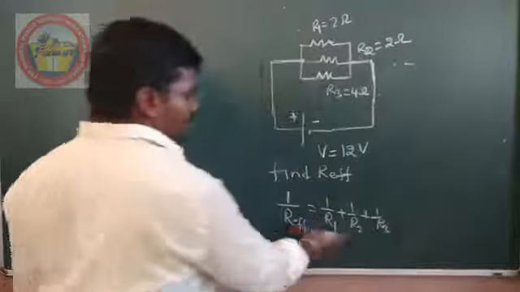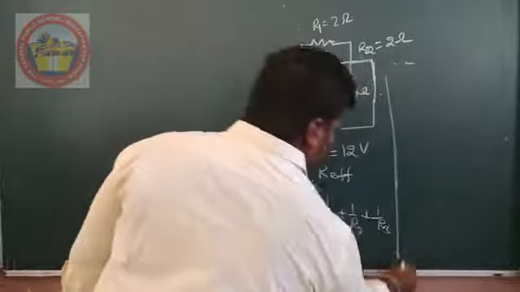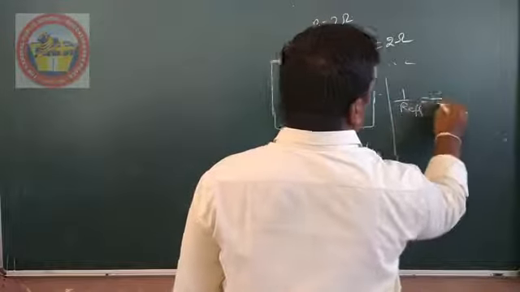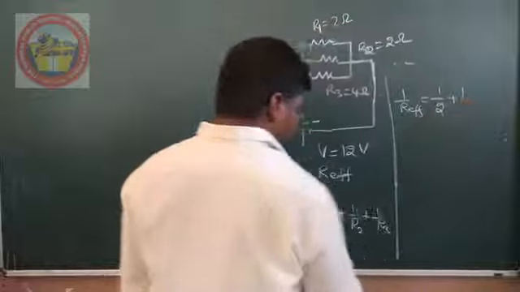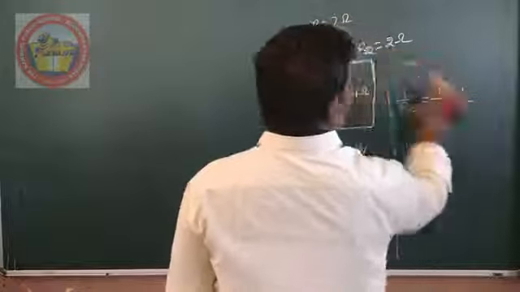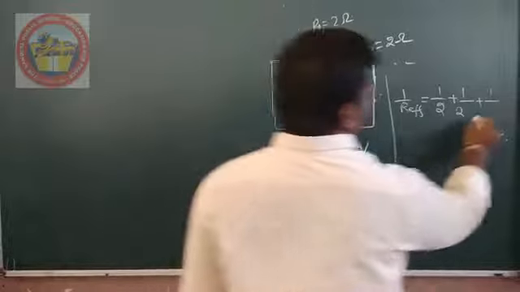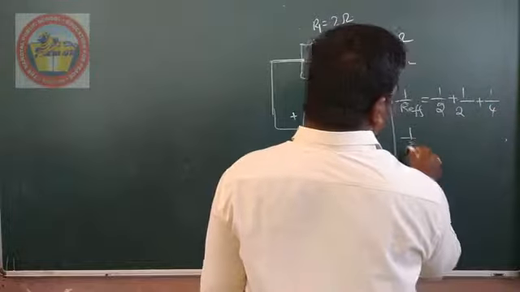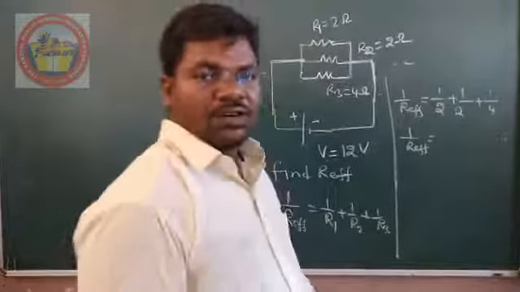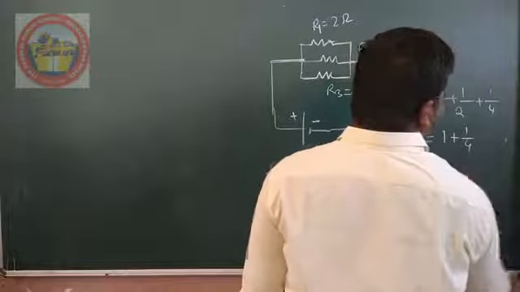Okay, we can substitute these R1, R2, R3 values in the given formula to get the effective resistance. 1 by R effective is equal to 1 by R1 plus 1 by R2 plus 1 by R3, that is 1 by 2 ohms plus 1 by 2 ohms plus 1 by 4 ohms. So half plus half plus 1 by 4.